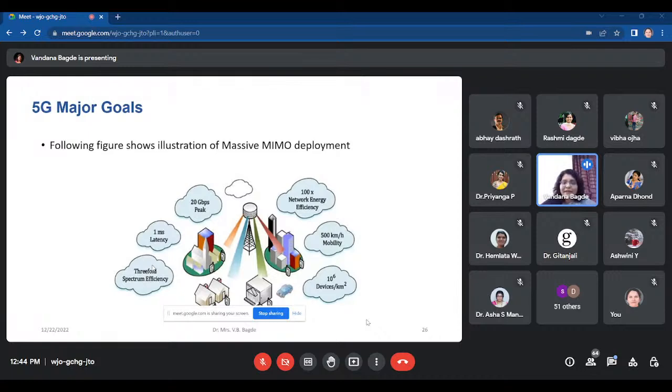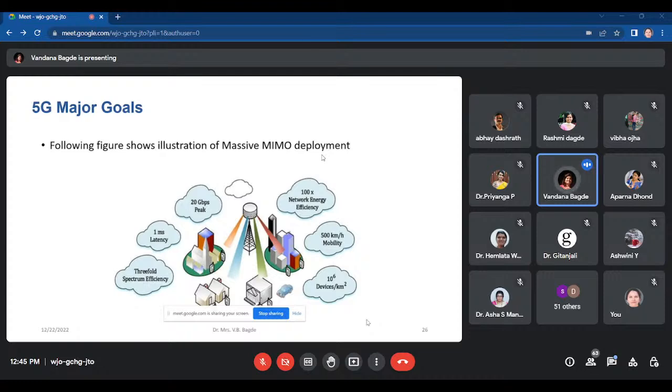With the antenna where we have deployed 5G technology, we can increase the speed, and then by implementation of very useful parameters, threshold spectrum efficiency or network energy efficiency, and mobility in kilometers. Previously, signals were not able to be detected if we were moving by plane.